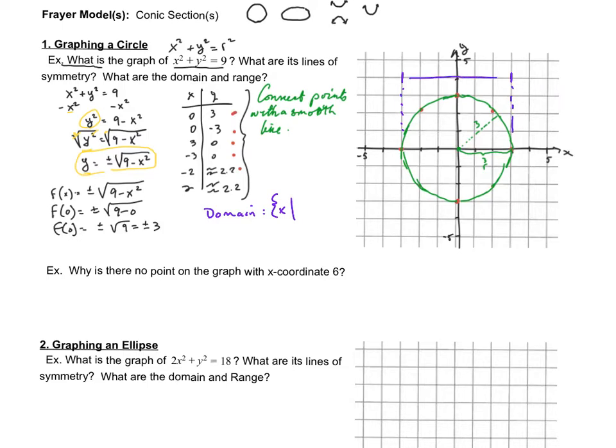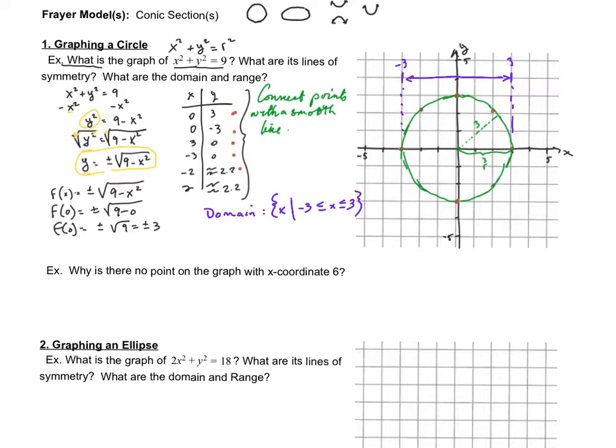So that means my domain is going to be all values of x greater than or equal to -3 and less than or equal to 3. So that is my domain.